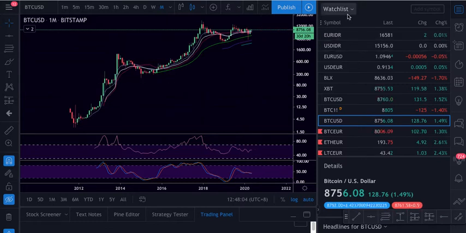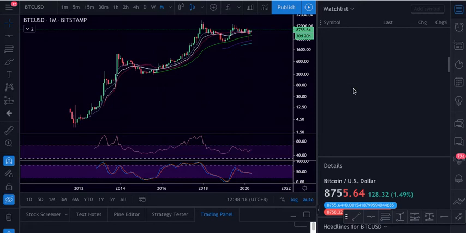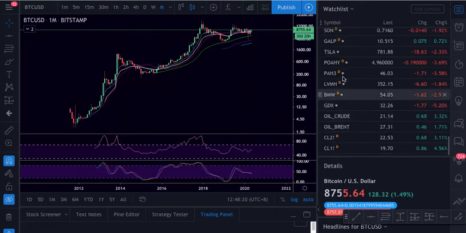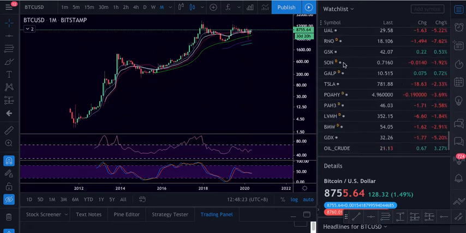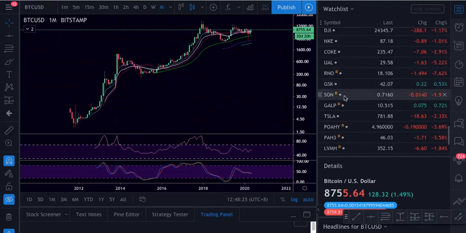On the right side, you have this watch list where you can put Bitcoin dollar, Bitcoin euro, depending on the exchange you are using. But you can put any stock, or euro rupee, euro dollar. You can put crude oil, or all the FANG stocks, United Airlines, Coke, Nike, whatever you want, Dow Jones. So you see how the markets are working globally.